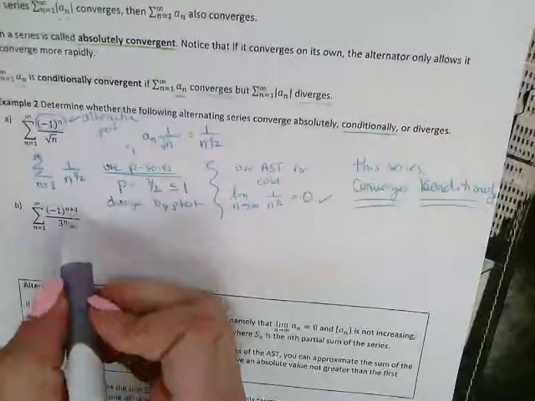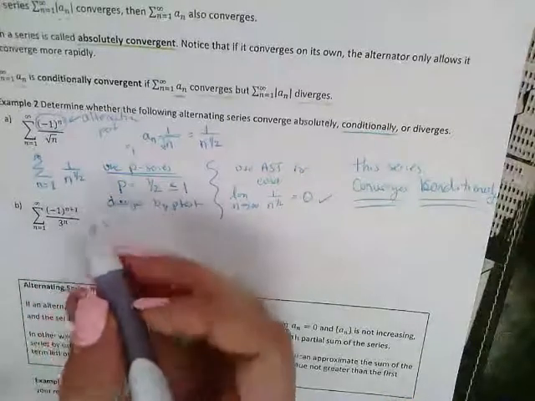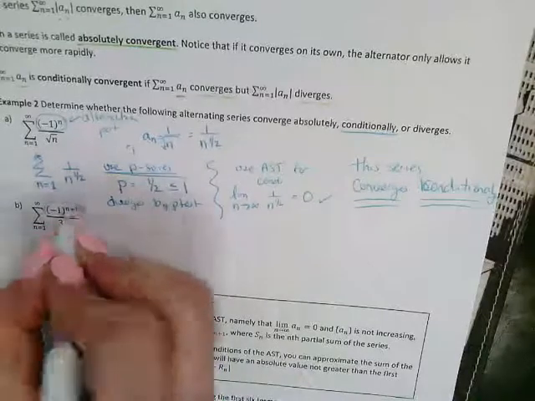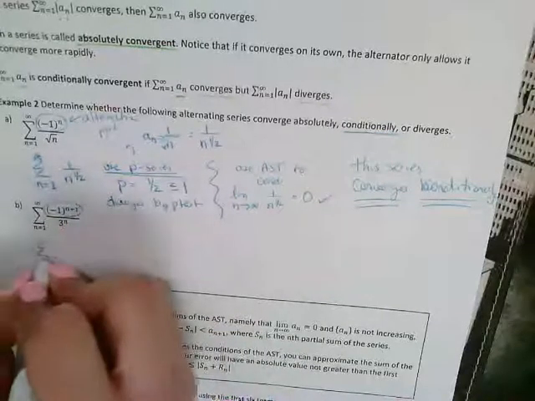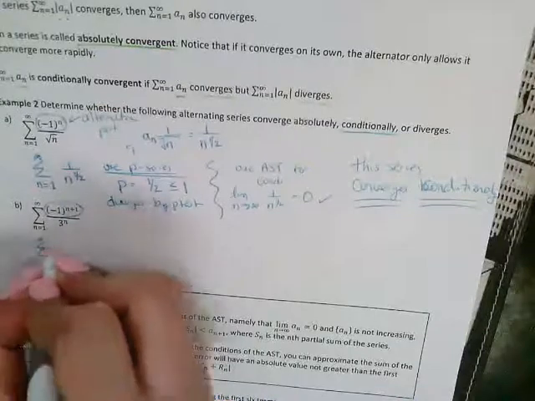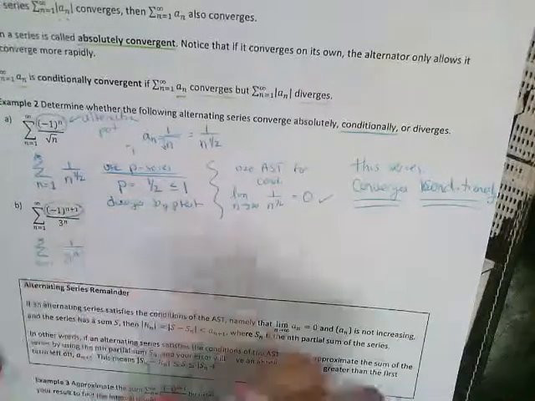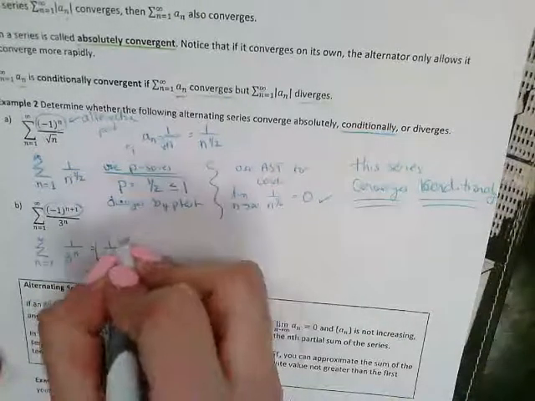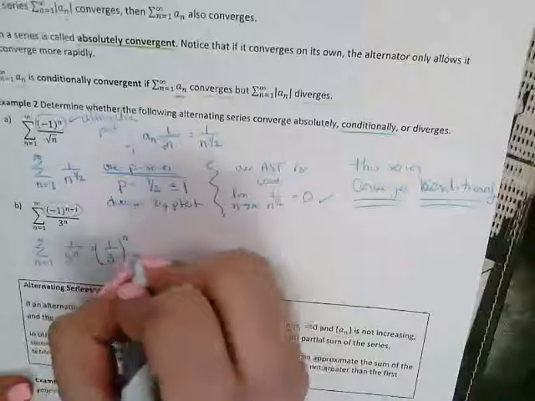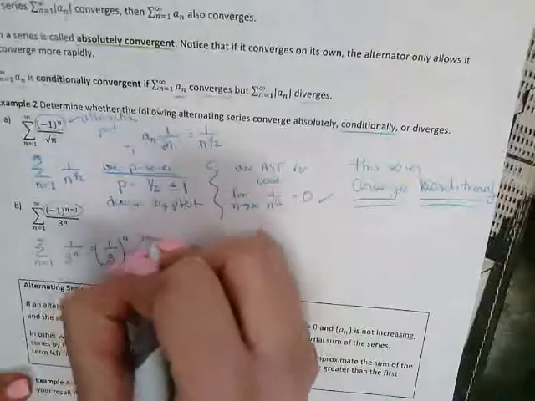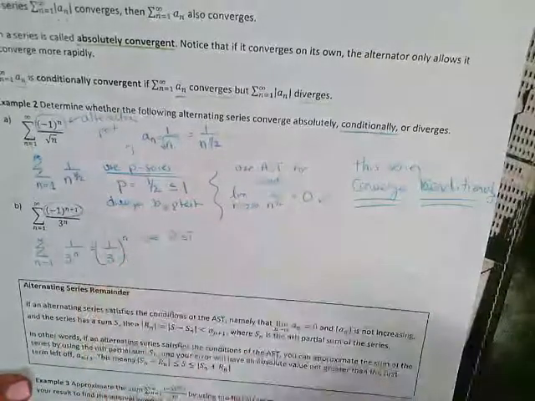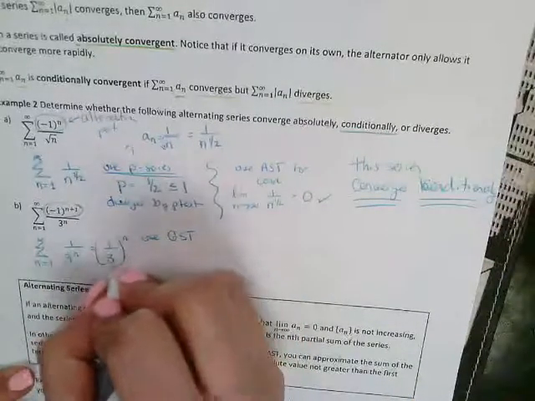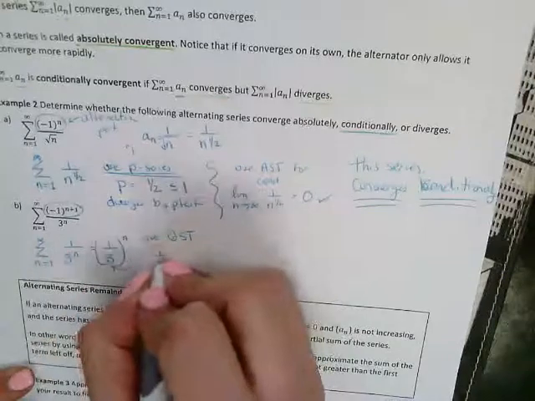All right, next one. Here's the alternating part. So I'm going to rewrite this series without the alternator. And what does this look like? If you said a geometric series, you would be correct. So we're going to use the GST, and we're going to use the common ratio, which is 1/3.